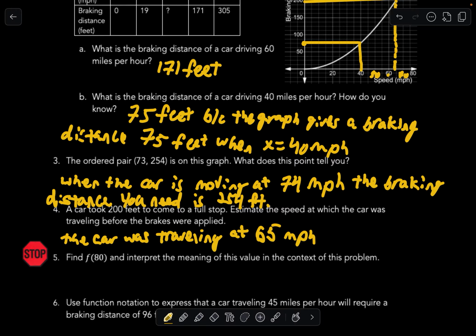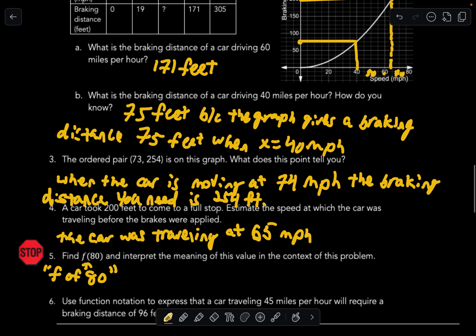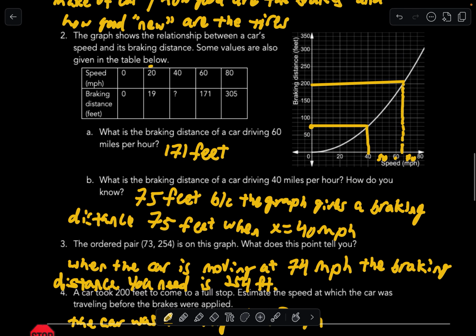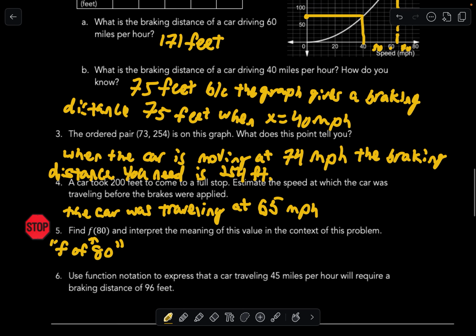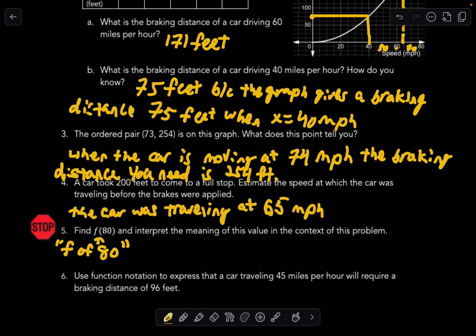All right. And then number 5, find f of 80. Notice how I said that. I said f of 80, which literally means this notation. Was this the first time we used function notation? Yes. So before it was f of x, now it's f evaluated at 80.